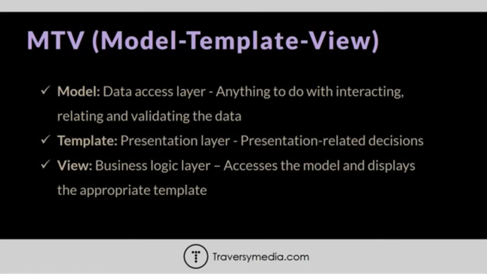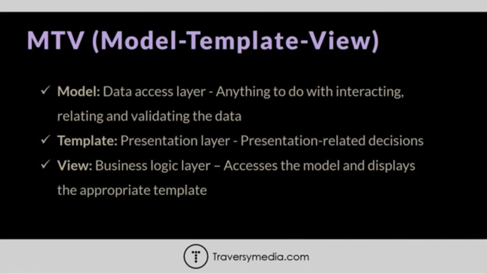Basically, just like MVC, it has a data access layer in the model. Anything to do with interacting, relating data, validating data, that's all going to go into the model. The template is the presentation layer, so all presentation related decisions go here. How things should be displayed on the web page, or whatever type of document. And then the view is basically the logic layer.